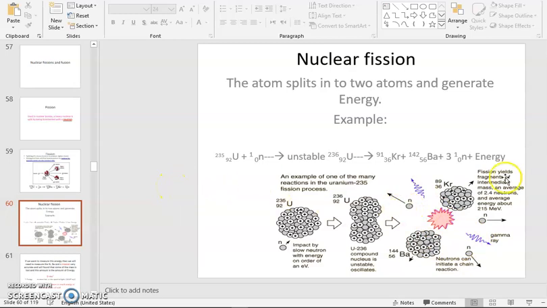So we use these neutrons in actually hitting new nuclei, so they can all keep going on and on and on, and we call this the chain reaction.